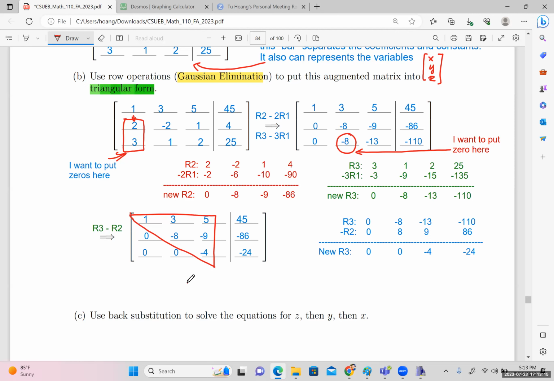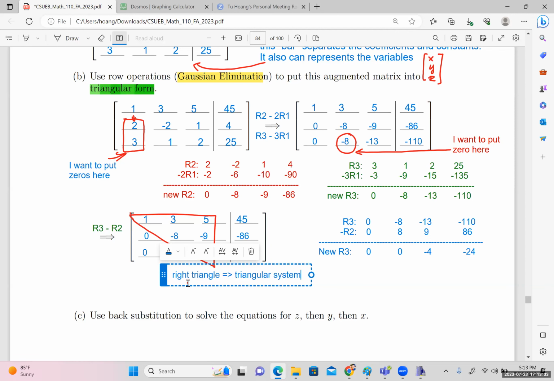So this means that we have a triangular system when you convert back from matrix to the system.